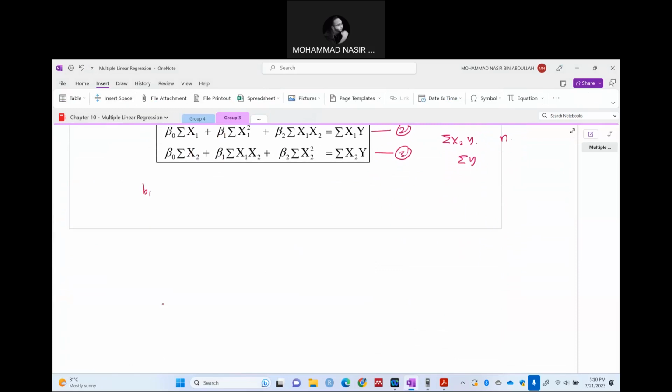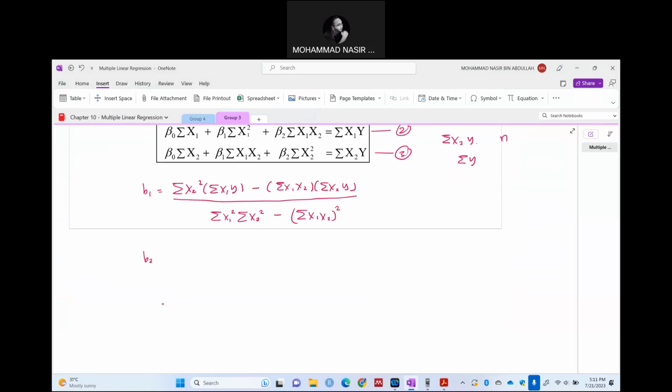So beta 1 will be summation of x2 square multiplied with summation of x1 y minus summation of x1 x2 multiplied with summation of x2 y, divided by summation of x1 square, summation of x2 square minus summation of x1 x2, and then you square. So this is another way to find beta 1.